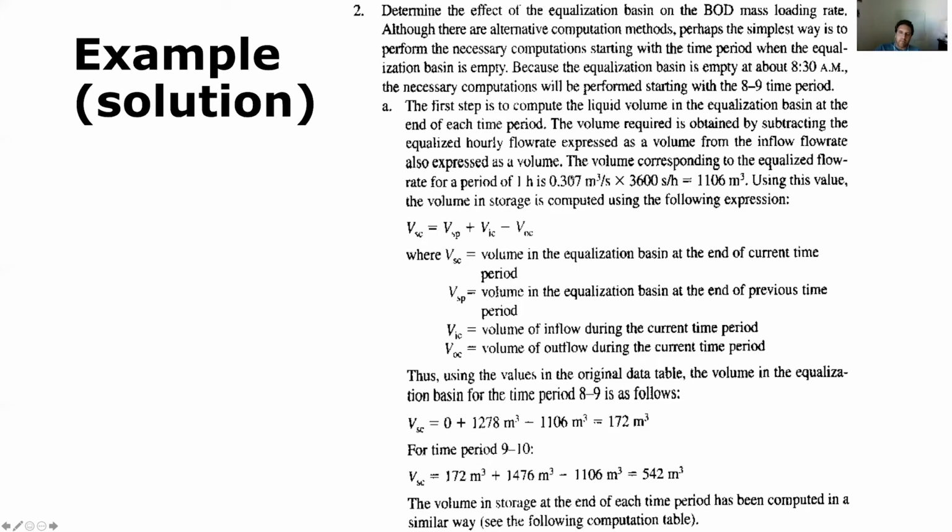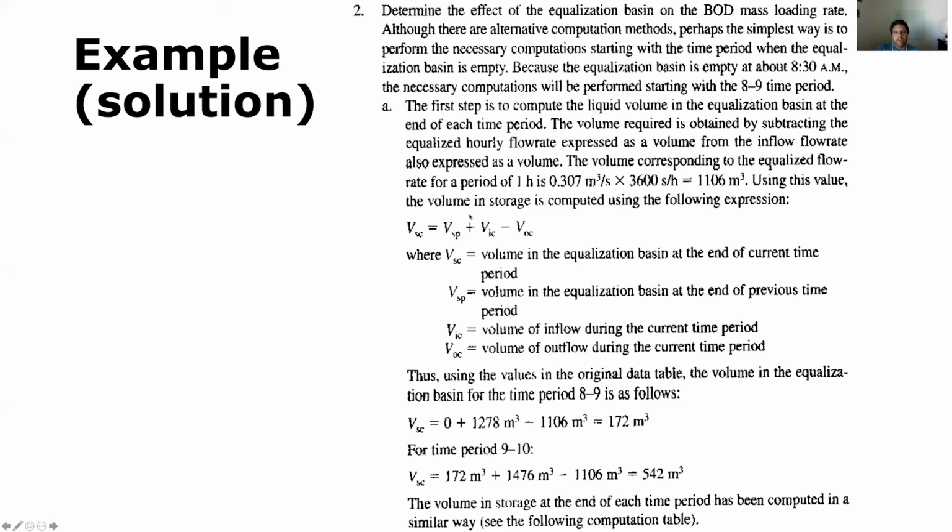Using the example from the previous table, the volume corresponding to the equalized flow rate for a period of 1 hour is: we take that average flow rate, 0.307 cubic meters per second, convert that to cubic meters per hour, and multiply that by 1 hour. We get a volume of 1,106 cubic meters. So that's how much volume is being discharged from the tank during every hour.